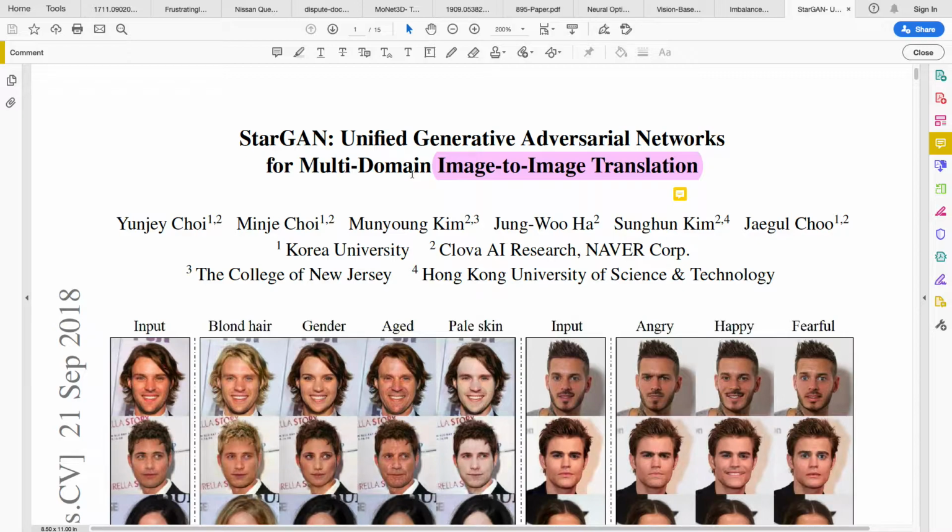Or you may want to put in a face of somebody that is angry and ask the network to reproduce the same face with the person smiling. That is, how will the person look if the person is smiling. You can also feed in a face of somebody that is young, maybe in their 20s, and ask the network to produce an image of the same person when the person is 90. That is, trying to predict how the person will look when the person is 90. So that is essentially what multi-domain is talking about.